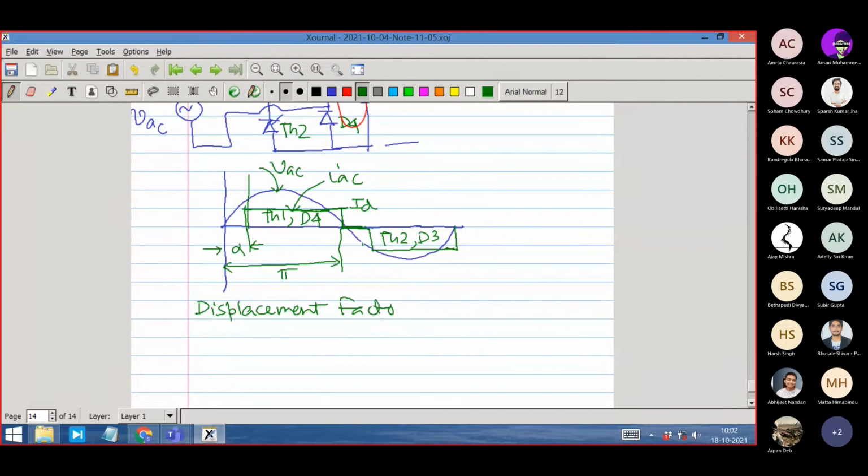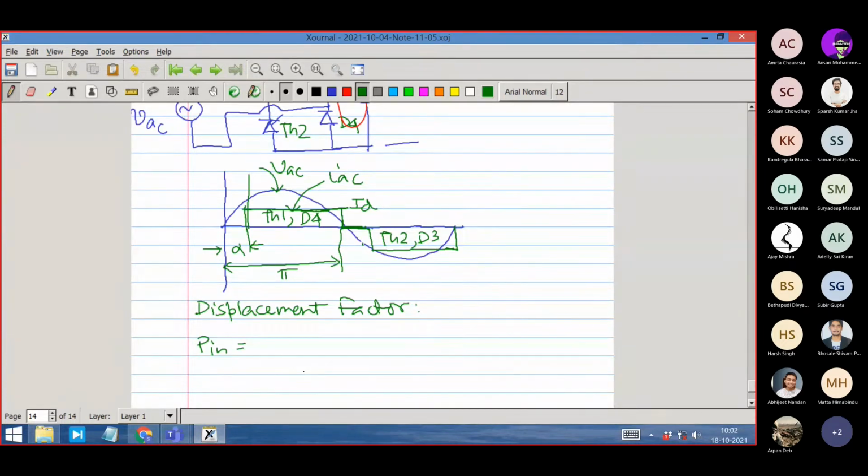You remember the displacement factor formula. The displacement factor first needs how much power is coming from the input, P in. So the first part I need to find out is P in. So let us find out what is P in from basic integration.